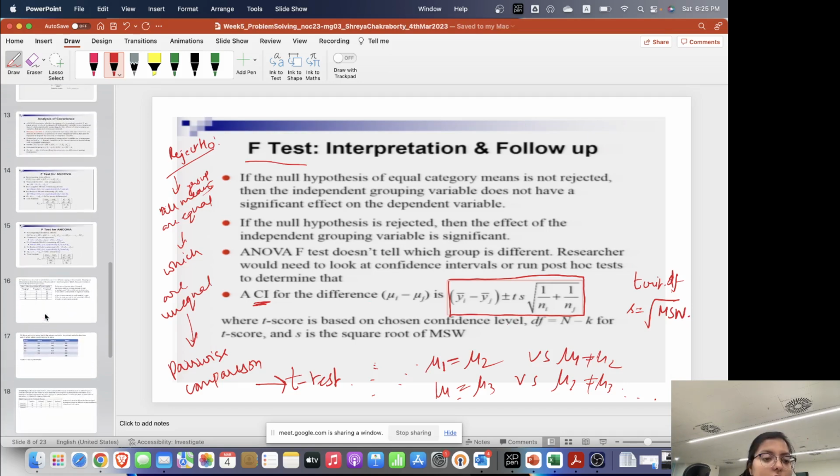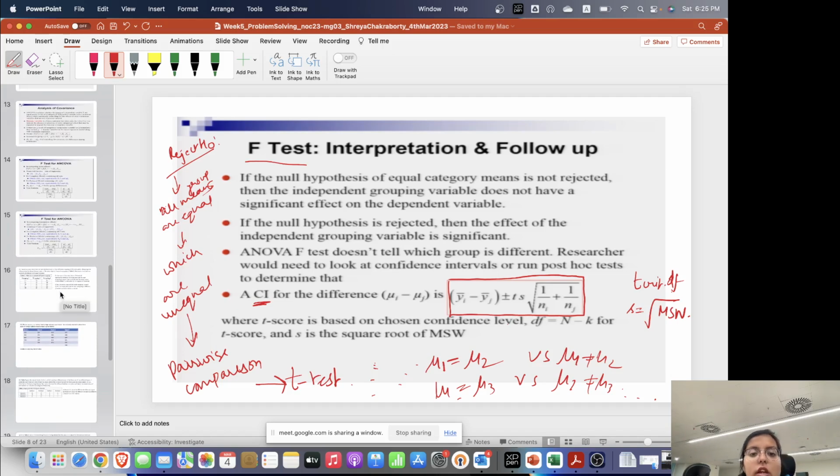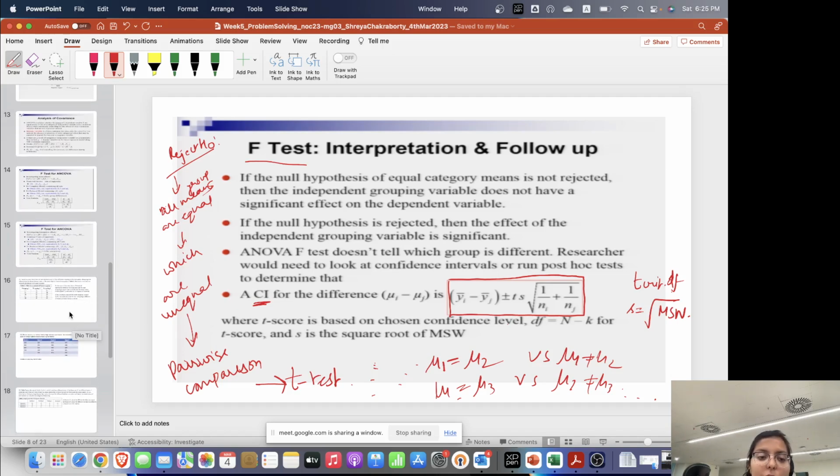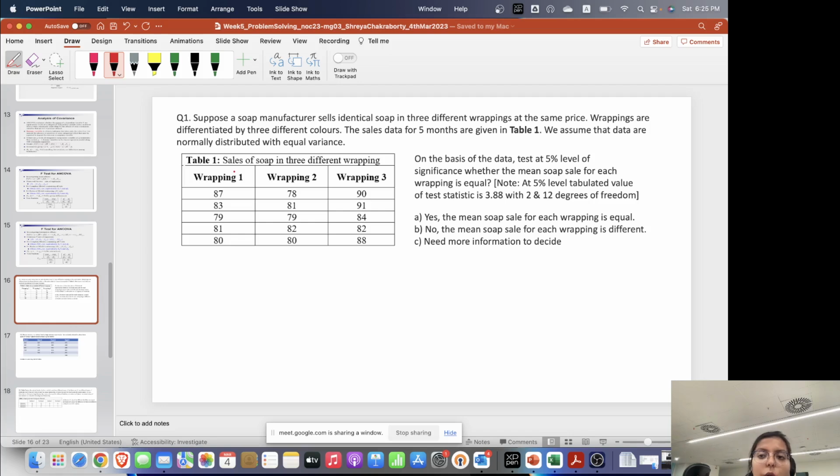So before proceeding further, I would like to do 1-2 sums related to one-way ANOVA. Okay. So this is question number 1.